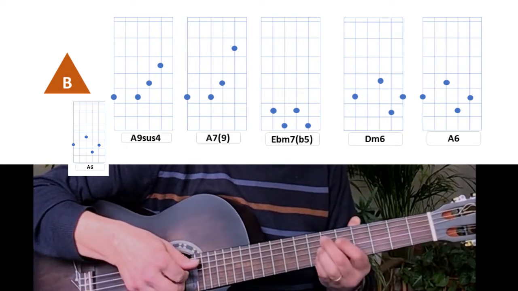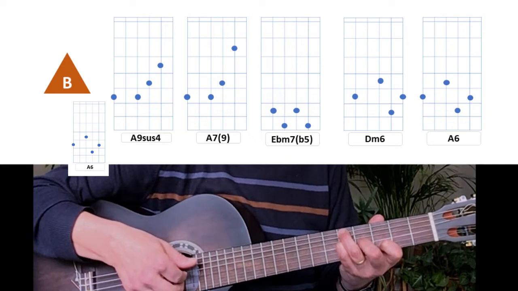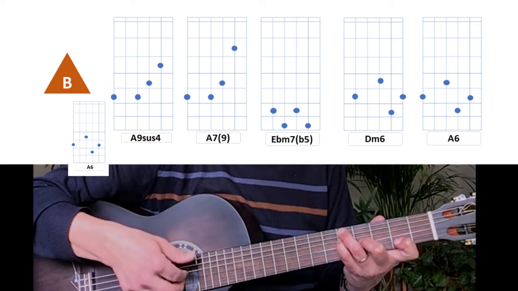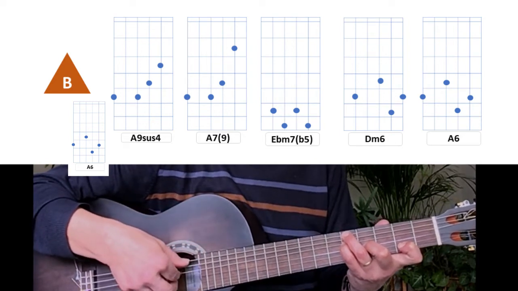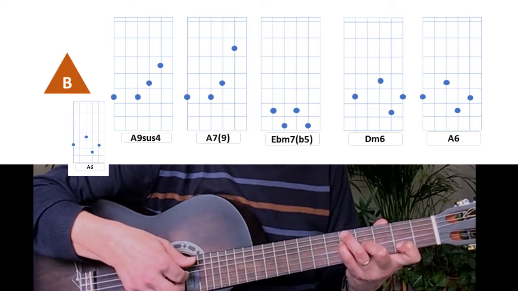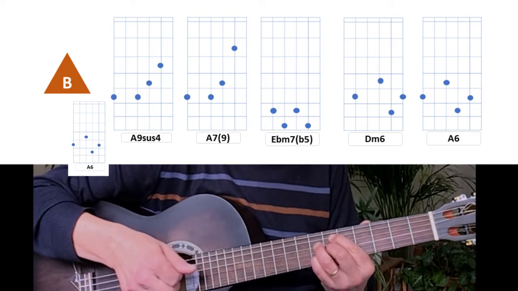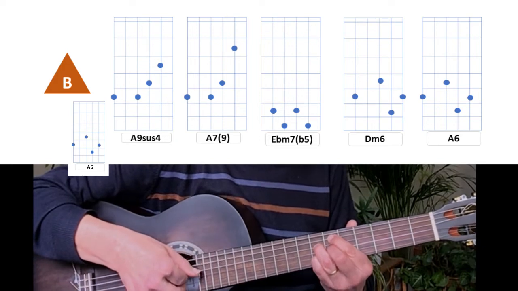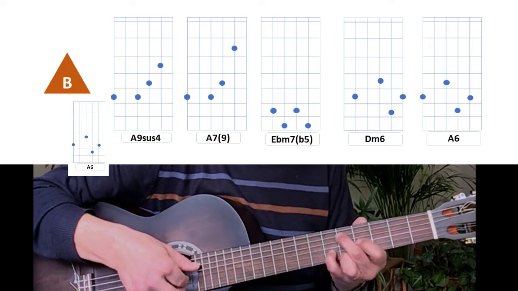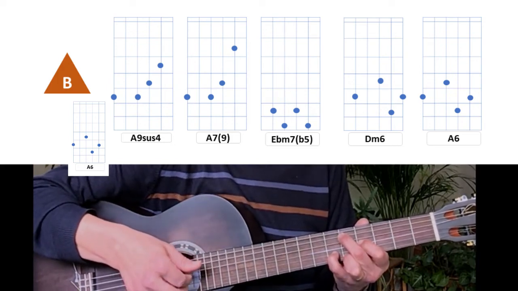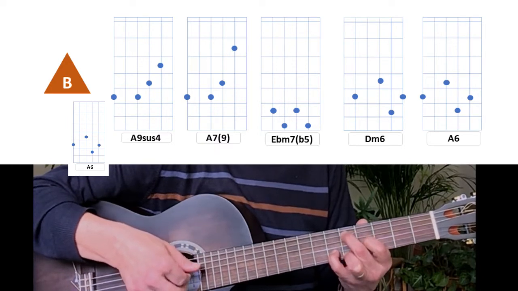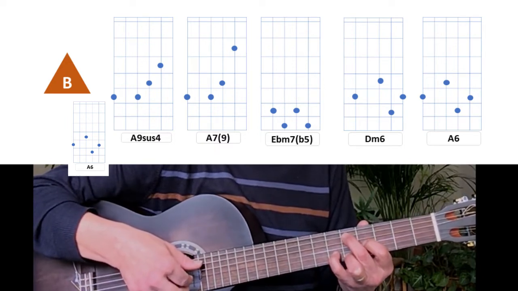So we've gone from here, which is an A suspended, to once again an A, but we've got the 7th and the 9th here, okay? And we've gone to an E flat minor 7 flat 5, and we go to finish on the D minor 6. D minor 7, D minor 6, and that's your B.